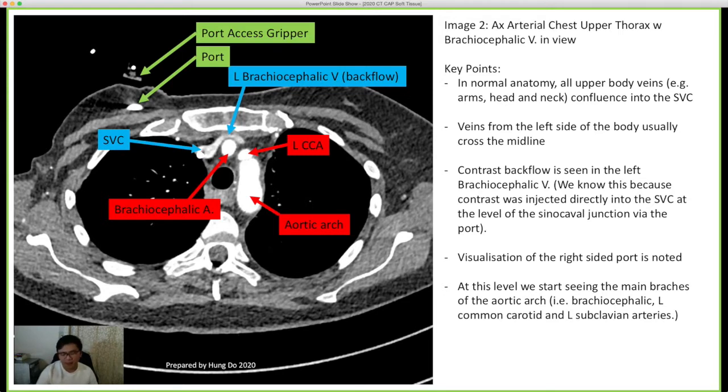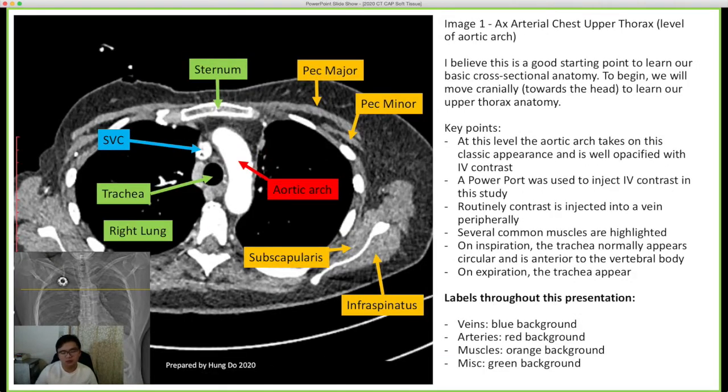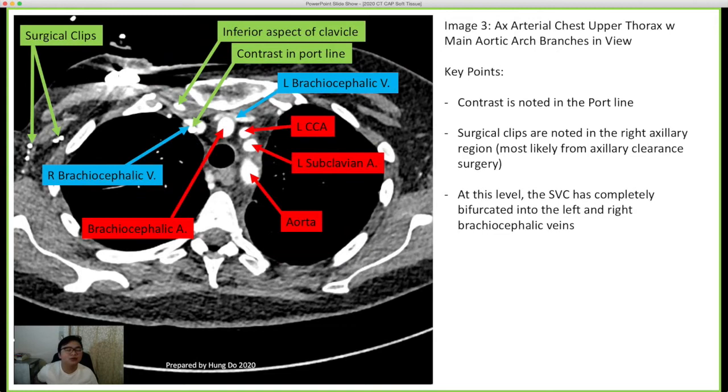Moving further up into the chest, wrong way, into the head, you see a bit of the aorta, you see the left subclavian artery, the left common carotid, your brachiocephalic artery, your right brachiocephalic vein, left brachiocephalic vein, some surgical clips, you see contrast in your port, and you see part of your clavicle and more contrast as well.